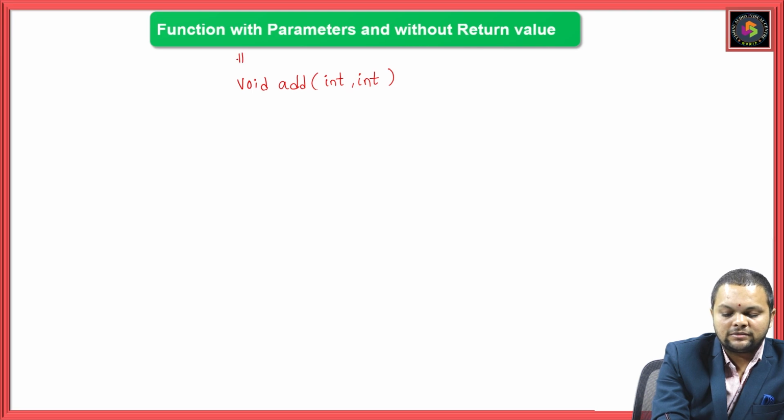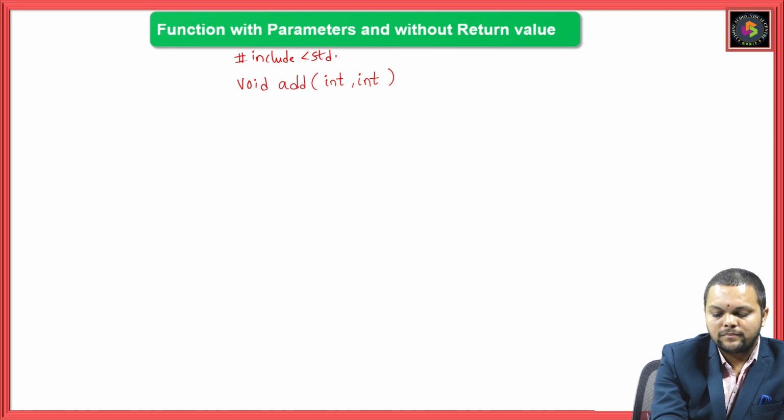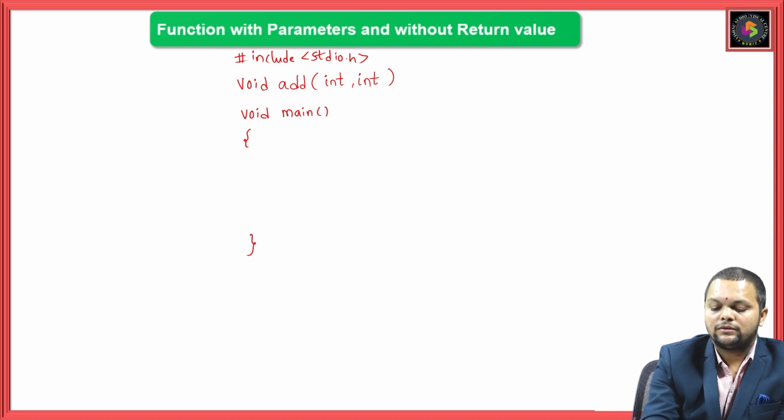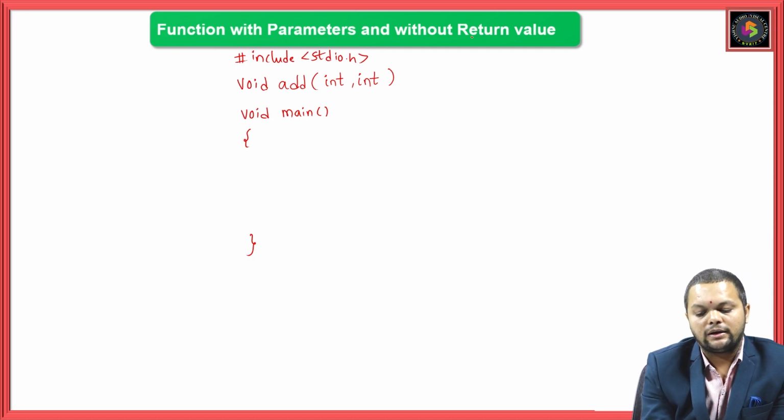So I'll just give this as again hash include, and void main. I'll start with again void main. So with parameter and without return value, there are some parameters here.